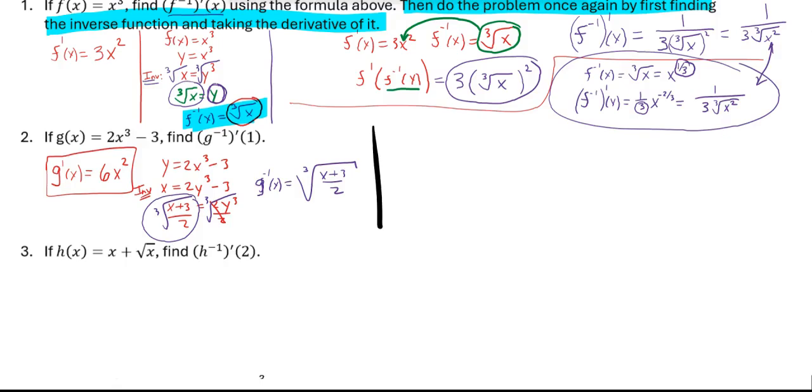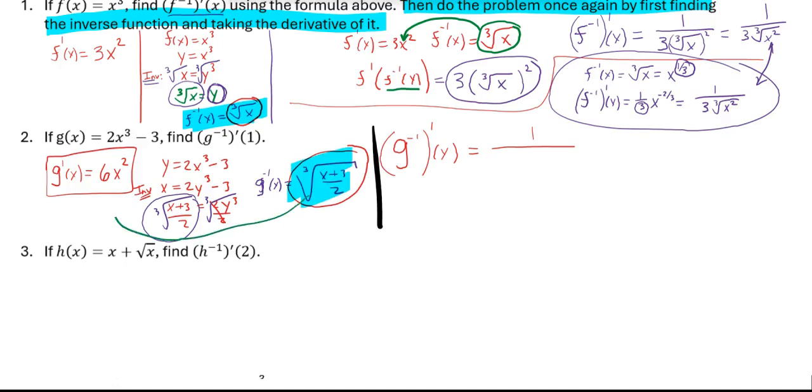Okay, remember our formula. Our formula for the derivative of the inverse would just be 1 over, putting the inverse right here, right? Putting this piece, I'll highlight it, putting that into the derivative. So the formula itself says it like this.